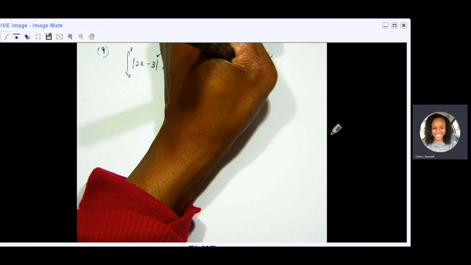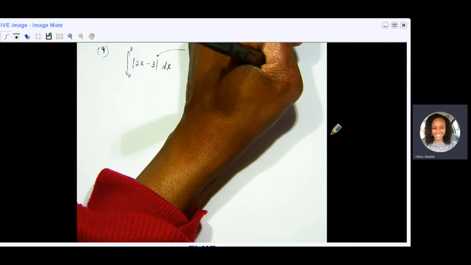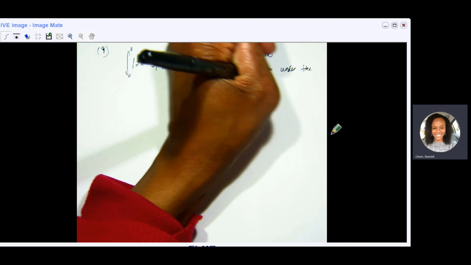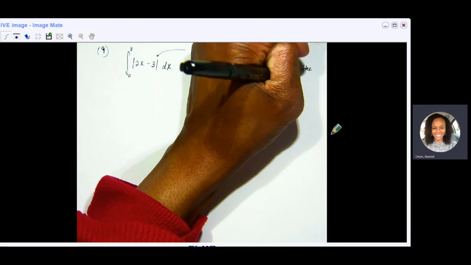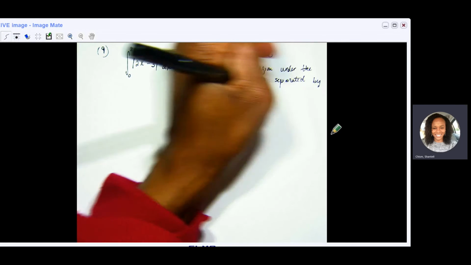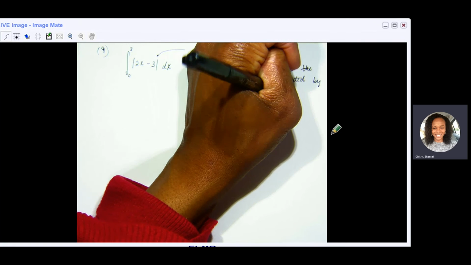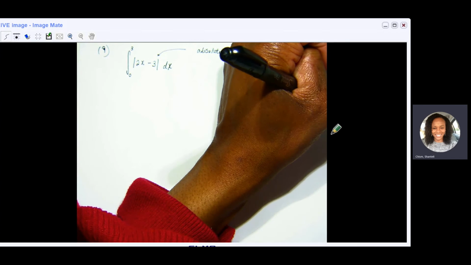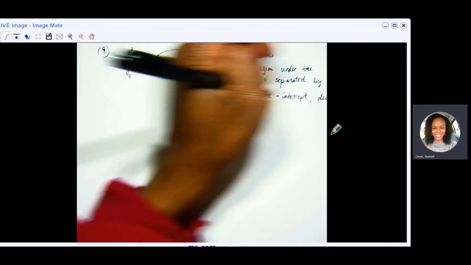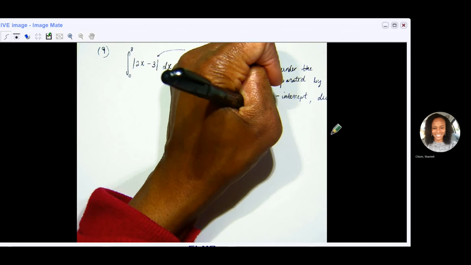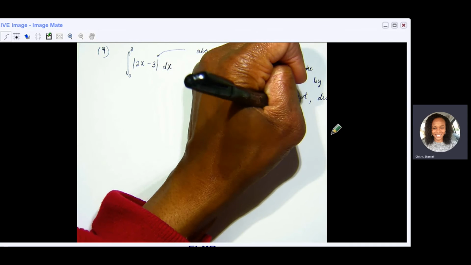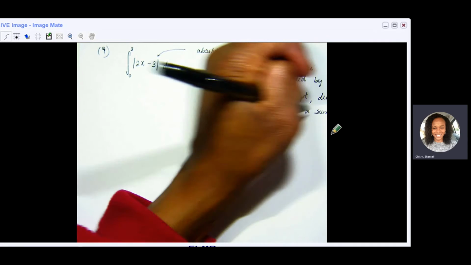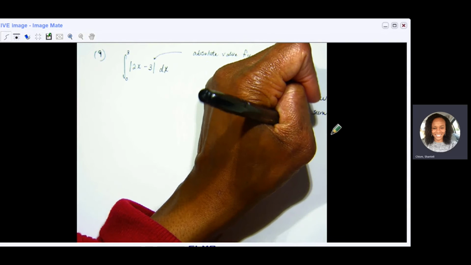So because the region under the graph is separated by the x-intercept, where it sits on the x-axis, we're going to divide the integral into a sum of 2 integrals.